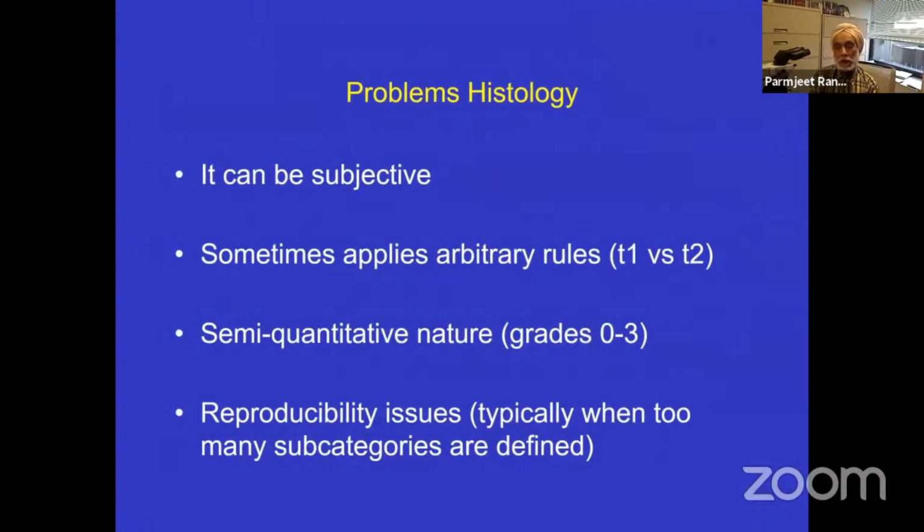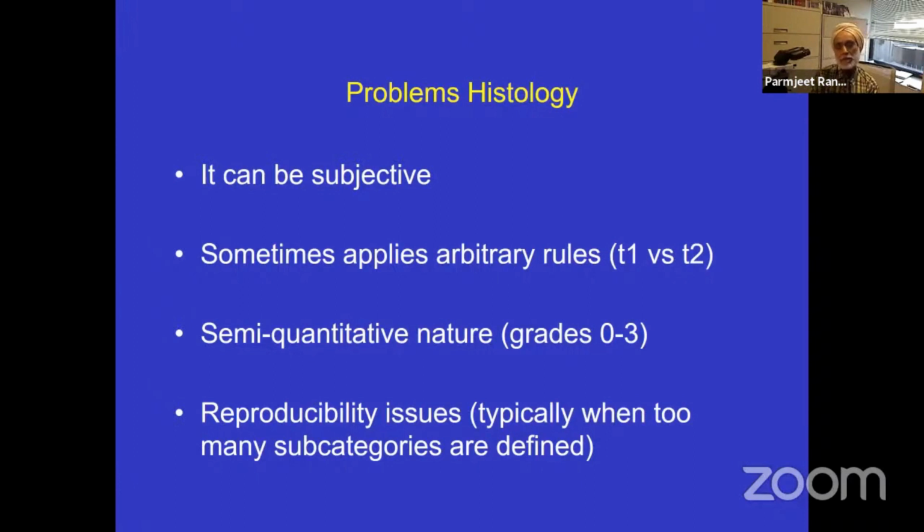There are problems in histology. It can be subjective. Sometimes it applies arbitrary rules. For example, 4 lymphocytes per cross-section make it borderline and 5 make it mild. That's really sometimes not even appropriate. It is semi-quantitative in nature. It gives you grades 0, 1, 2, 3, and grade 2 can be as low as 26% area.